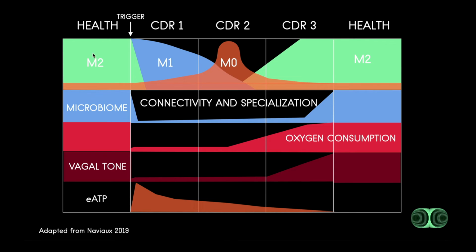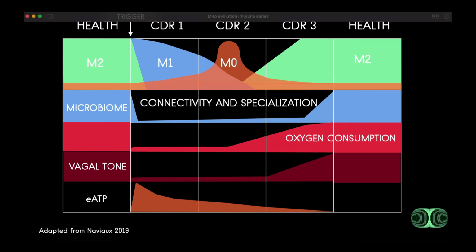Up here, these are just the terms of the different modes that the mitochondria have that you might see in research. M2 tends to be called the anti-inflammatory or healthy mode. M1 is when we are triggering that strong first immune response, right? So all of your inflammation, there are different words that you might have heard, nuclear factor kappa B and NLRP3 inflammasome, all of those things are associated here with this trigger.